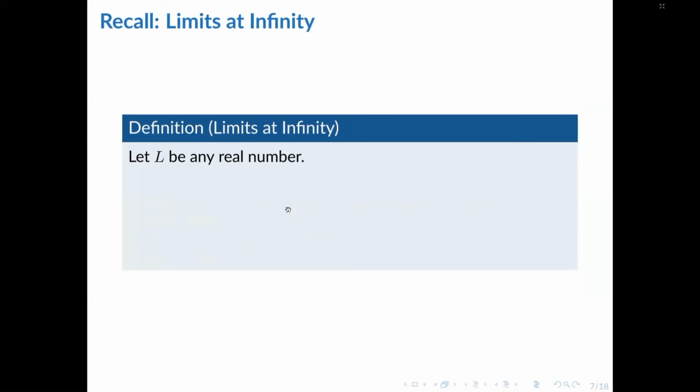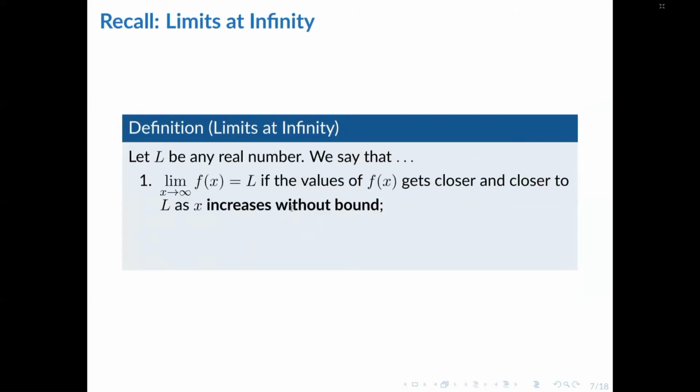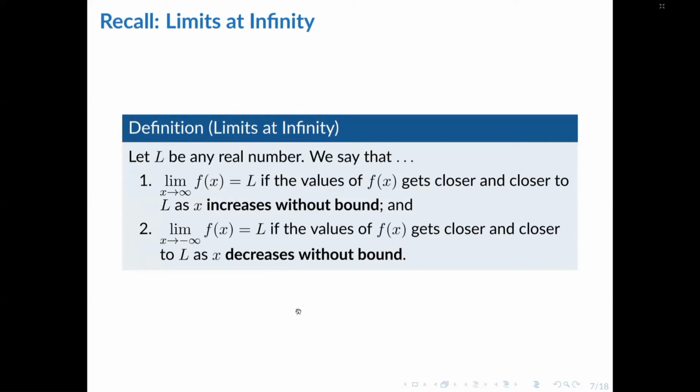So the definition of limits at infinity: let L be any real number. We can say that the limit of f of x as x approaches infinity is equal to L if the values of f of x get closer and closer to L as x increases without bound. And the limit of f of x as x approaches negative infinity is equal to L if the values of f of x get closer and closer to L as x decreases without bound.